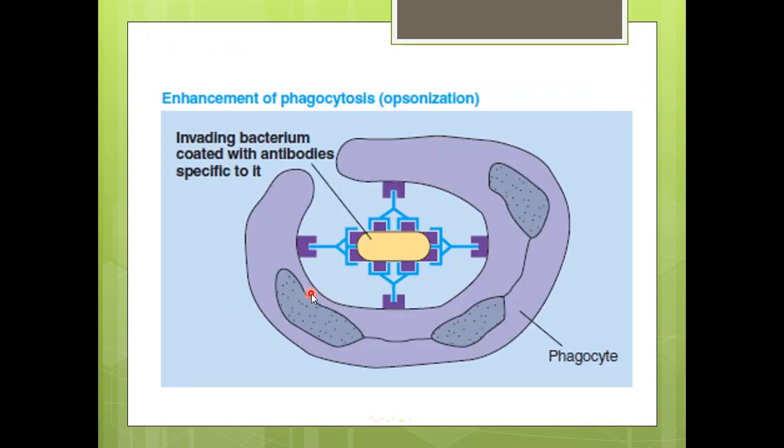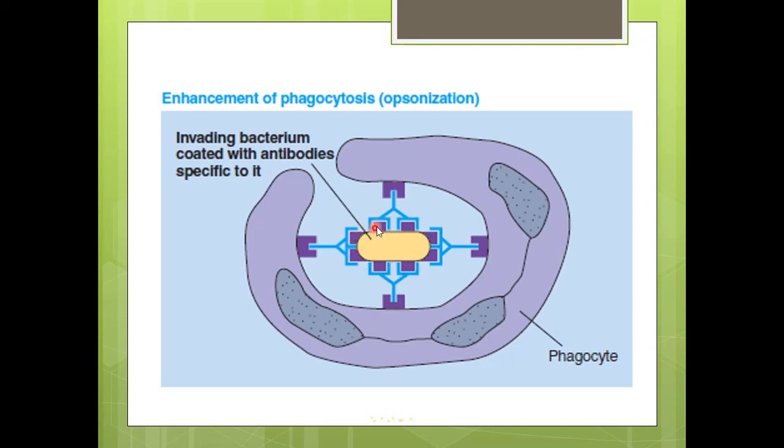Then some of the antibodies also act as opsonins. They cause opsonization. Opsonization means the bacterium is coated with antibodies. IgG antibodies may act as opsonins, and when the bacterium is coated with the antibodies, it is said to be opsonized.